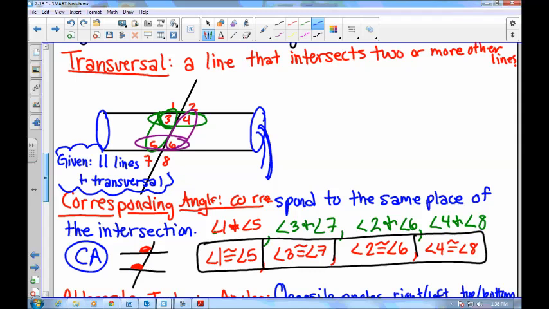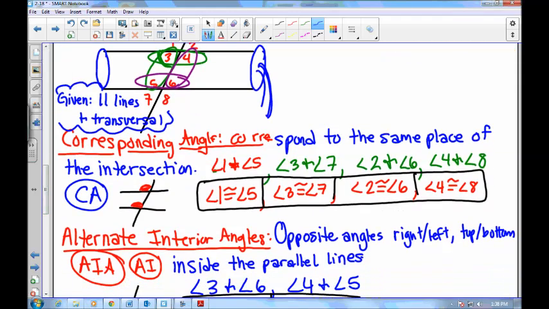Given 2 parallel lines and a transversal, then corresponding angles exist that are congruent. Given 2 parallel lines and a transversal, then alternate interior angles exist and are congruent. Given parallel lines and a transversal, then alternate exterior angles exist and are congruent. And finally, CIA exists and are supplementary. Does anyone know what the reverse statement is called?